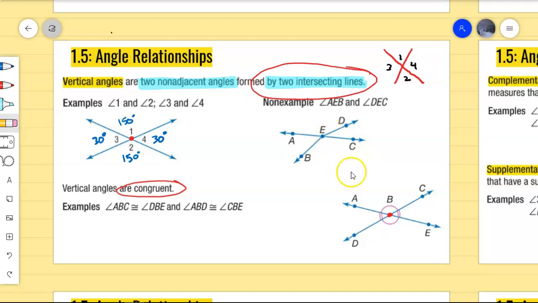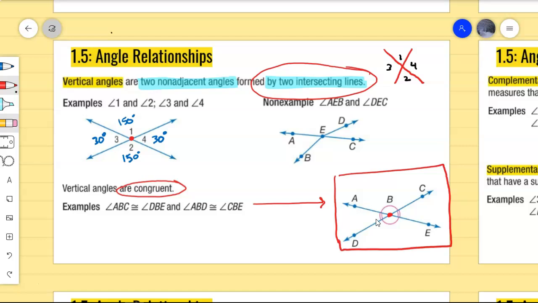Now, just a little mention of something a little bit more than that. This diagram is about the fact that vertical angles are congruent. I don't have to explain the diagram again because we just talked about it.